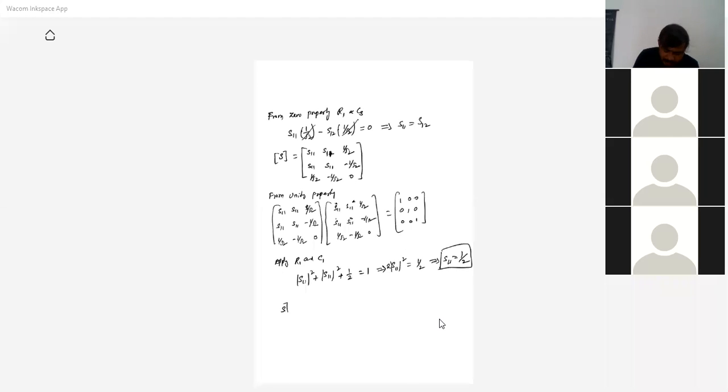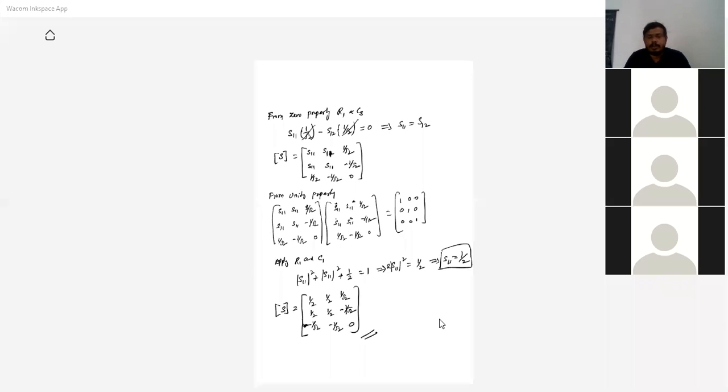So now the final S matrix is 1 by 2, 1 by 2, 1 by root 2, 1 by 2, 1 by 2, minus 1 by root 2, then 1 by root 2, minus 1 by root 2, 0. Now this is the S matrix for E plane T.